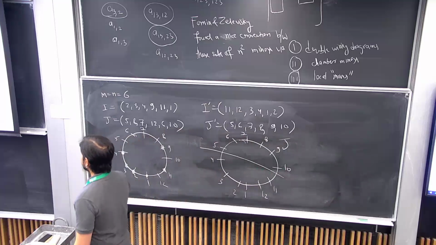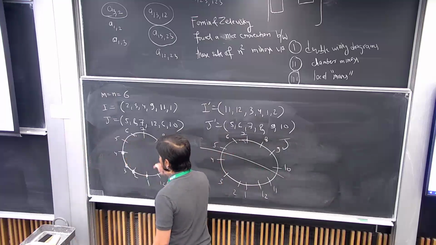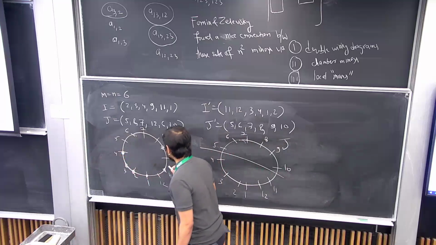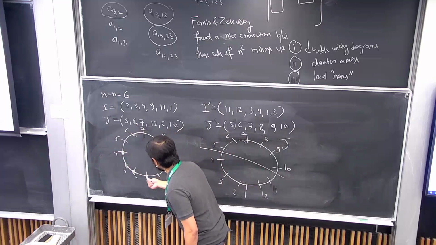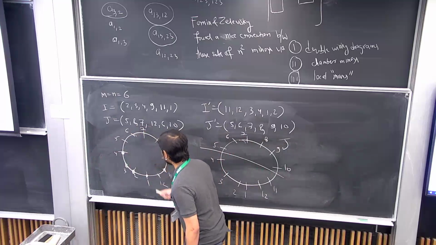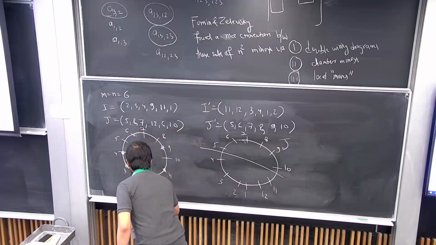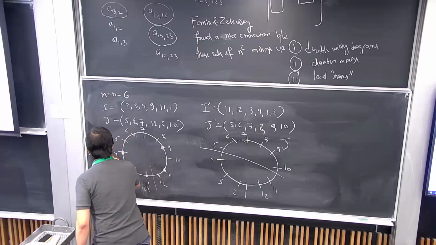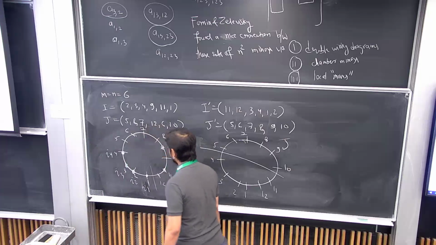Now, once we define weak separability, we define the order of the elements in I minus J and J minus I. What I mean by that is that we want to cut this circle at some point between the dot and this non-dot part. So if we cut here, this becomes my I1, I2, I3, I4, I5, I6.